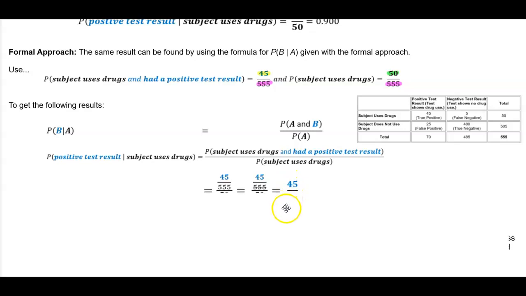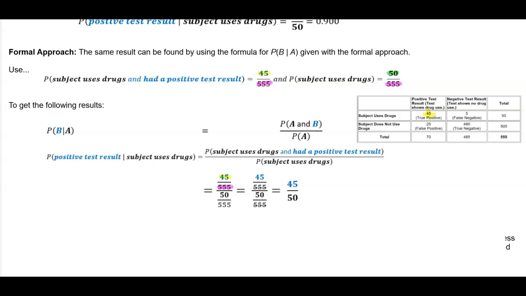So what we're looking at is the following. We have that 45, which we said is the subject uses drugs and had a positive test result, which is 45 over that 555.